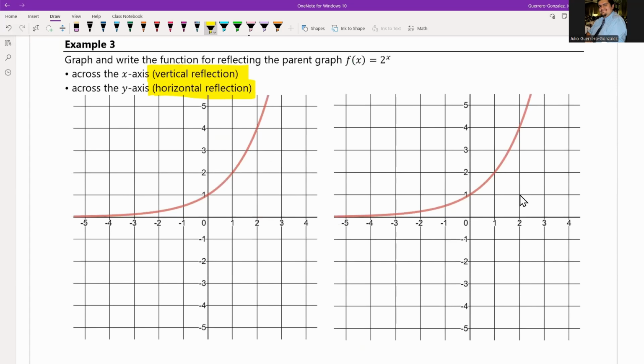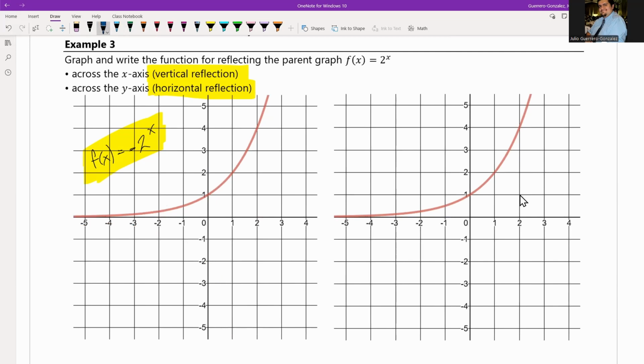So, for the first one, let me go ahead and do the vertical reflection. If I wanted to do the vertical reflection, hopefully you guys remember, that's going to look like this: minus 2 to the x. Whenever you have the minus all the way up in front, that told us that we were going to have to flip along the vertical axis. So basically, instead of going up like this, it's going to go down like this. It's going to whoosh downward. Now, to make it precise, I'm going to do the actual points.